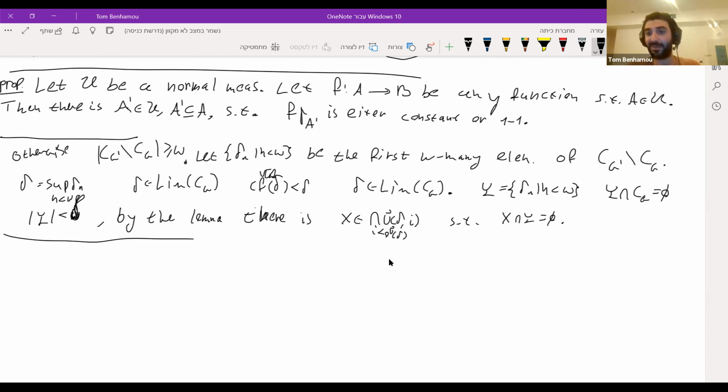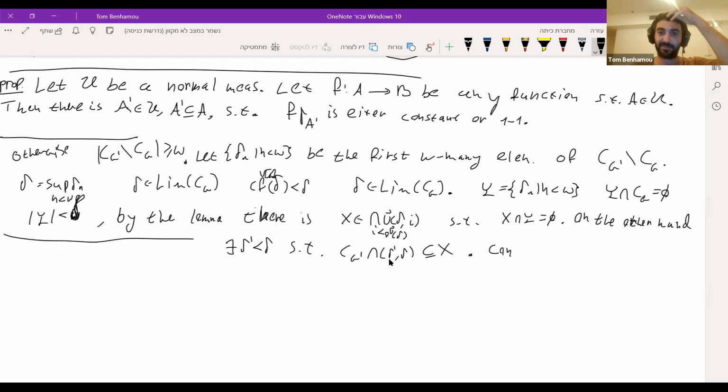So there must be, on the other end, some delta prime below delta such that CG prime intersection with the interval between delta prime and delta is included in X. But this is impossible because Y is a subset of CG prime. Okay, so this is a contradiction. I hope this is clear.